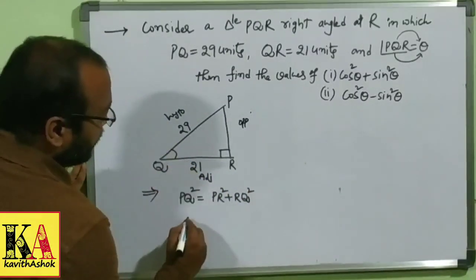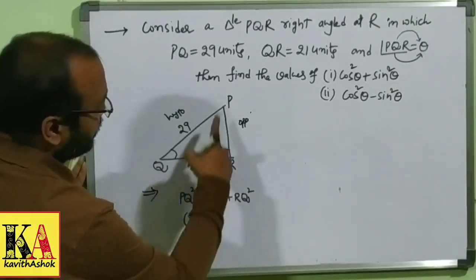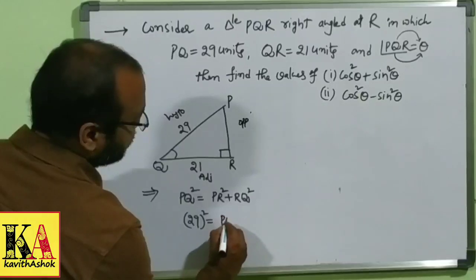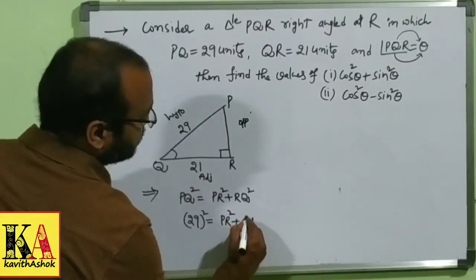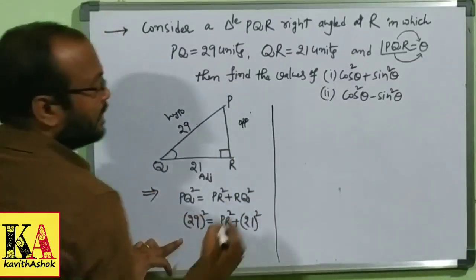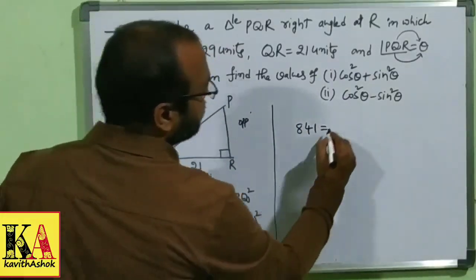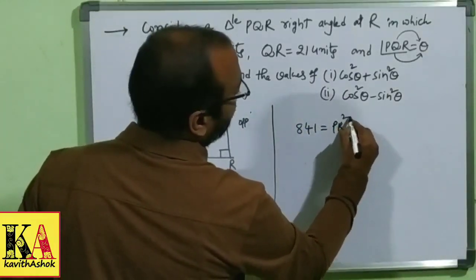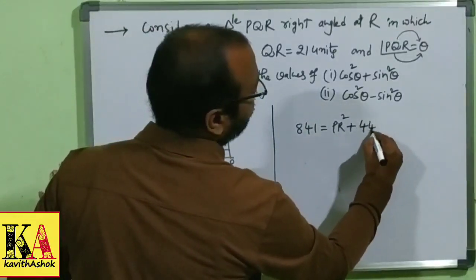So PQ is given already, 29 square. This is equal to PR square plus RQ, which is given 21, so 21 square. So 29 square is nothing but 841, equal to PR square plus 21 square, which is nothing but 441.